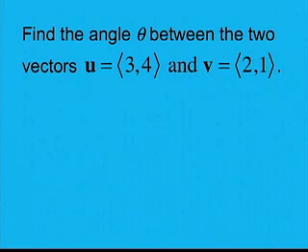Well, that's a great formula, but let's look at an example so you can see it in action. Find the angle theta between the two vectors u equals 3, 4 and v equals 2, 1.